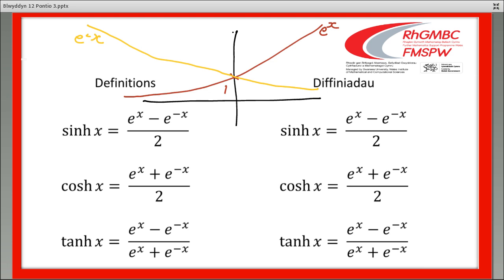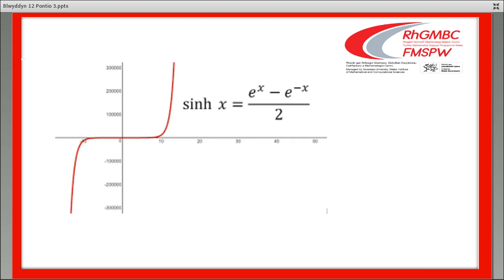Now, if we actually look at the three graphs individually, the graph of sinh is almost like a cubic. Obviously, because we've got huge numbers there, that's why it looks flat for such a long region. But it's almost a cubic graph.